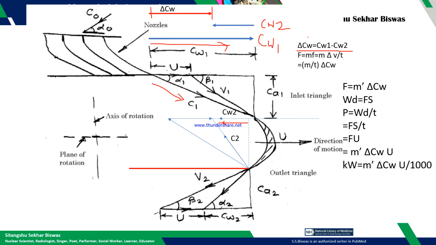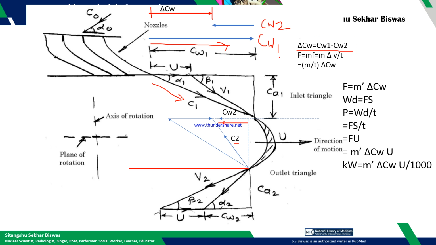That is, there are two vectors, the turbine blade velocity and the inlet steam jet velocity. After vector sum, the resultant is C1, and from the outlet triangle, the steam jet exit velocity V2 and the blade motion U, if you take the vector summation, that is C2, and the components of C1 and C2 are CW1 and CW2.